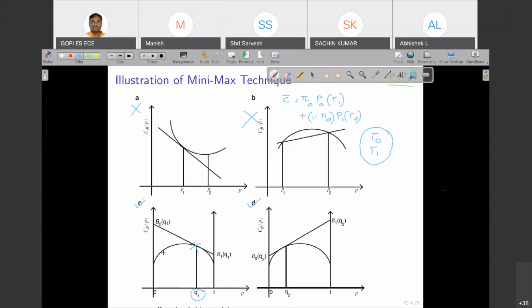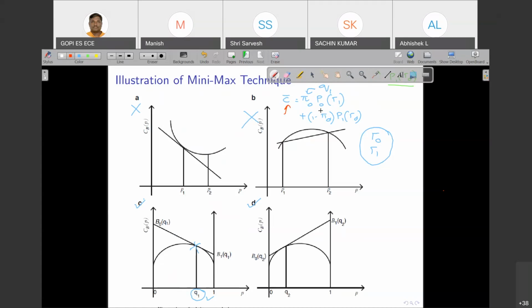Your pi naught value is assumed as Q1 here. So pi naught is Q1, and you have this P naught of gamma 1 and P1 of gamma naught, and that is giving you some cost function, and that value is exactly this.